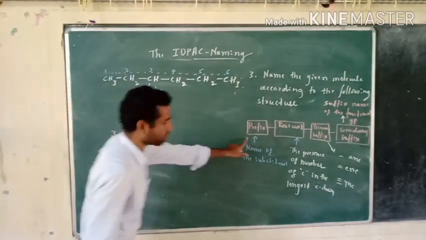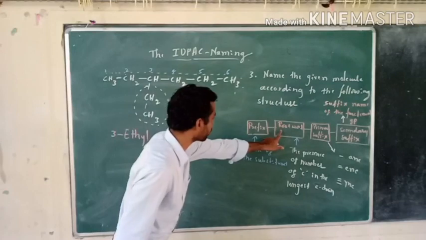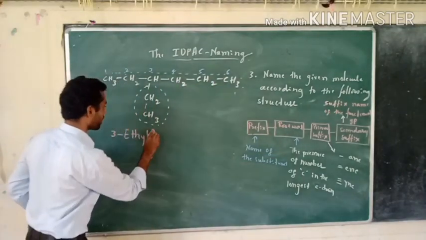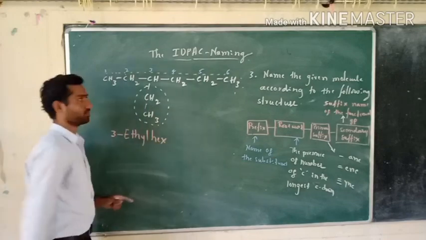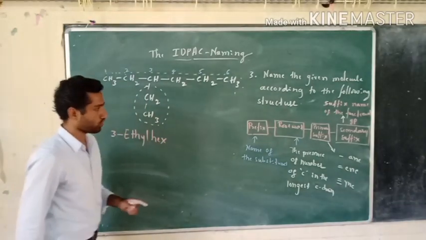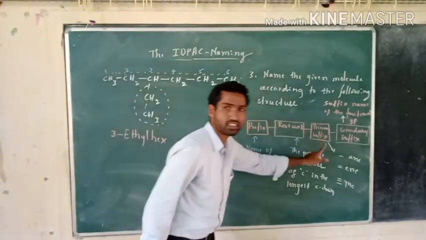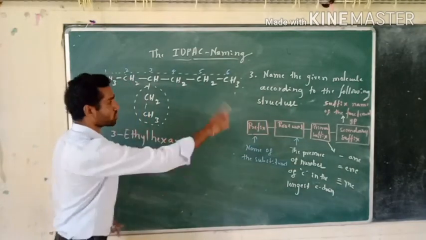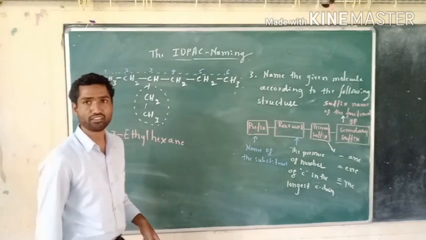So this is the prefix. Next, root word. How many carbons are there in this longest carbon chain? 6. Therefore, hex. Next is the primary suffix. Only carbon to carbon single bonds, therefore ane. There is no secondary suffix because this molecule does not have any functional group.